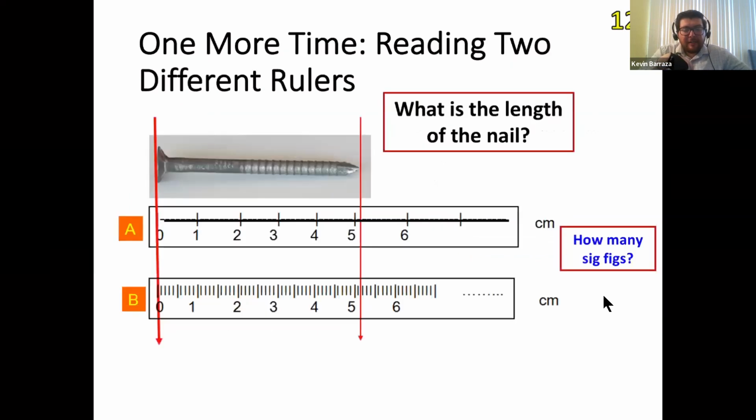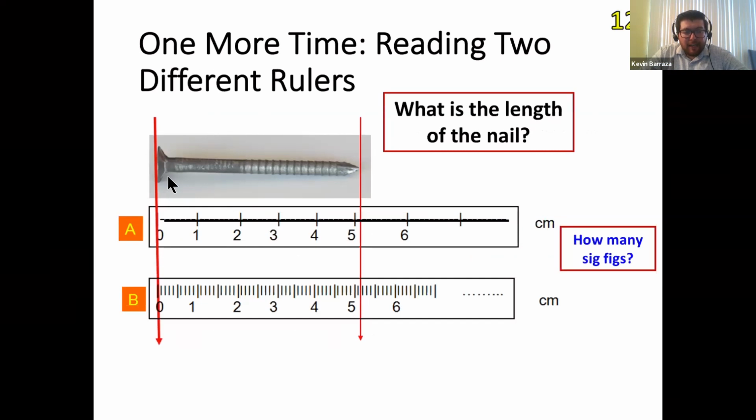As a final example, we have two different rulers with different kinds of tick marks. So what is going to be the difference in my answer if I use ruler A versus ruler B?